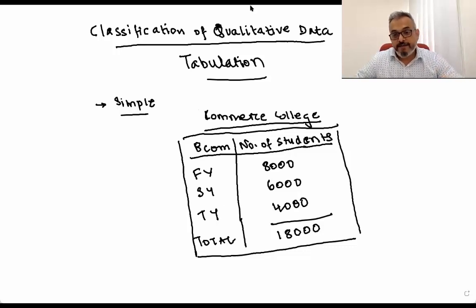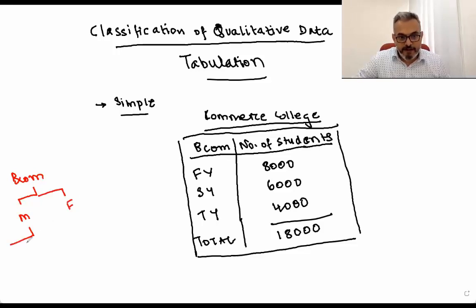But let's say we want to go further. So what we do is we take BCom, then we take male and female, and then we take various years FY, SY, TY, FY, SY, TY. So multiple attributes or characteristics we want to study. Such a table is known as a manifold table.